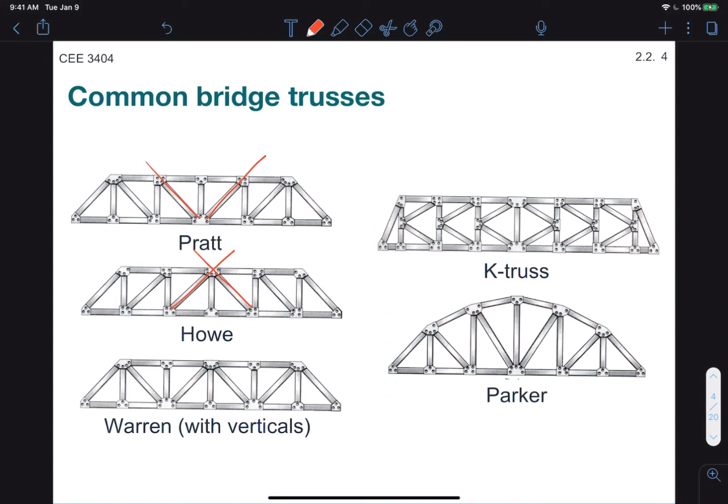The Warren truss is like a hybrid of the two. It has alternating diagonal members. One good way to remember the Warren truss is that those members form a W, as you can see.